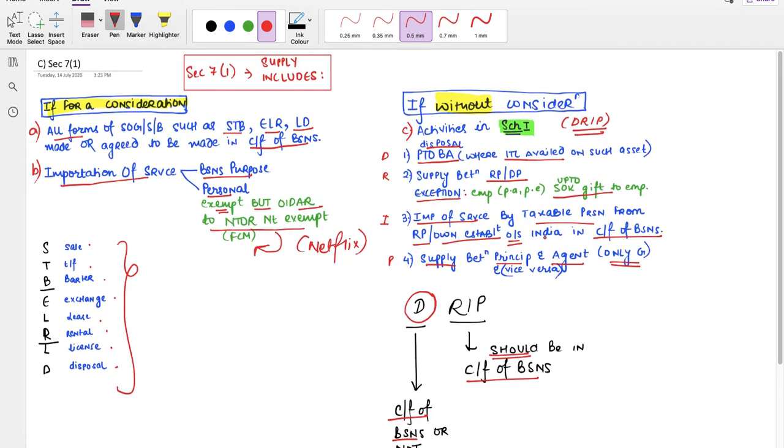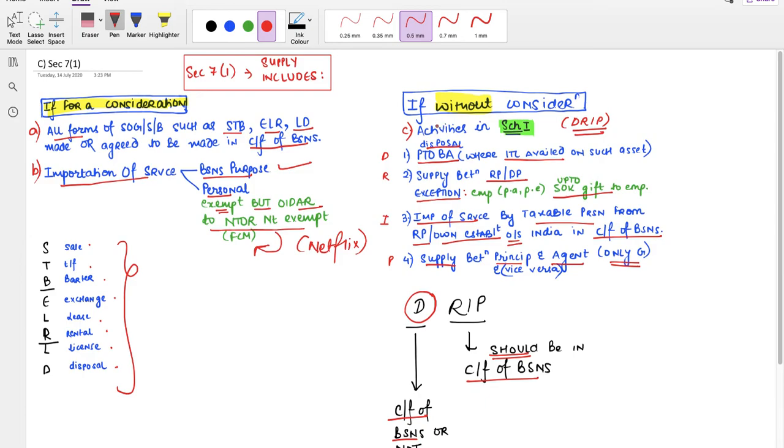Okay, so 7.1 for a consideration, two things: all forms of supply such as STB, ELR, LD in course or furtherance of business. Second is importation of service, business purpose, and personal purpose. It is exempt, but OIDAR to NTOR is not exempt.